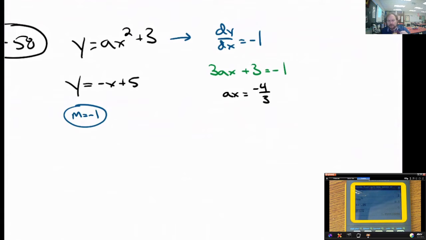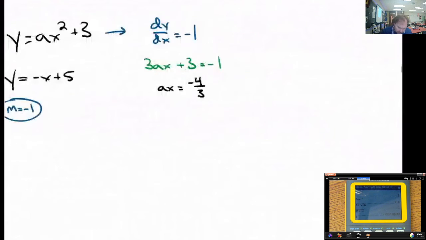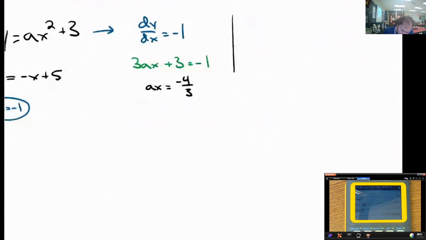Let's see, the other thing that we need, maybe we treat this like a system of equations. In order to be tangent, they actually have to be the same thing. They have to equal each other also at this point. The x, y points have to be the same. So that's our derivative part of it.